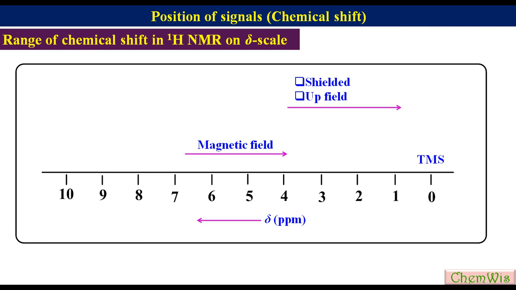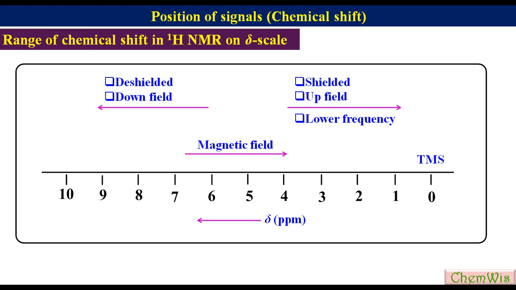The resonance of these nuclei requires lower frequency. Conversely, deshielded nuclei tend to resonate at lower magnetic field and have higher delta value, which is called downfield shift. The resonance of these nuclei requires higher frequency.